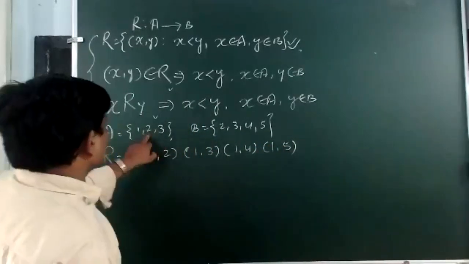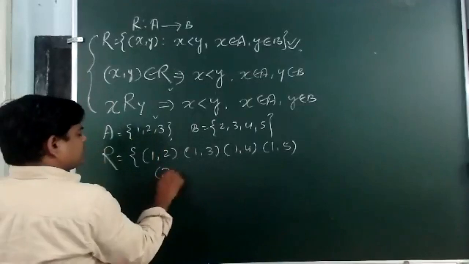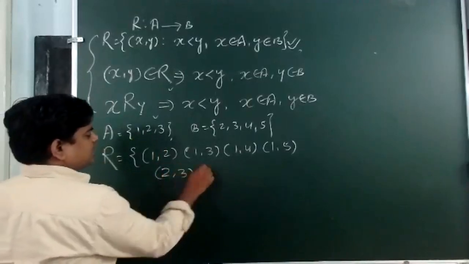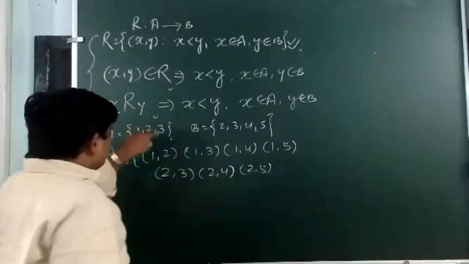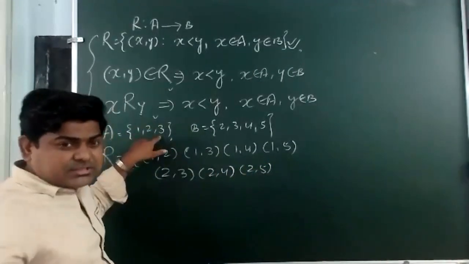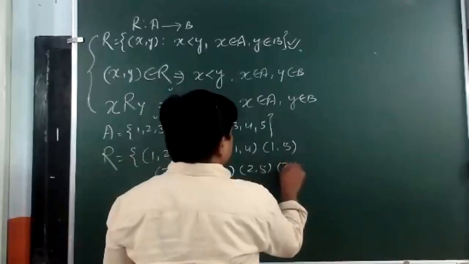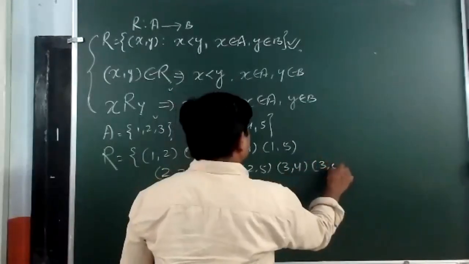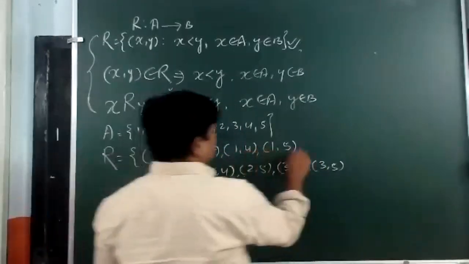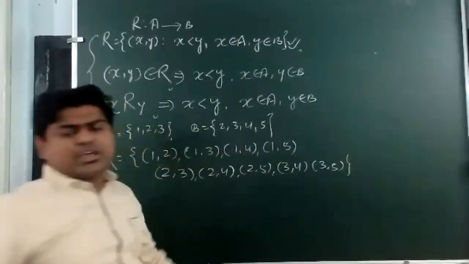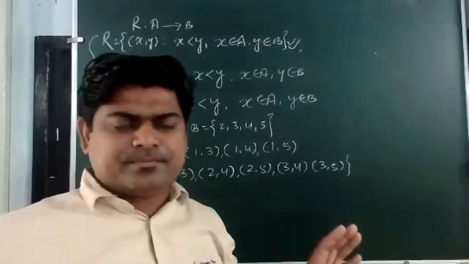Then we go to 2. When x is equal to 2, then 2 is less than 3, 2 is less than 4, 2 is less than 5. When we make x as 3, then I take (3, 4) and (3, 5). So the definition was that x is less than y.